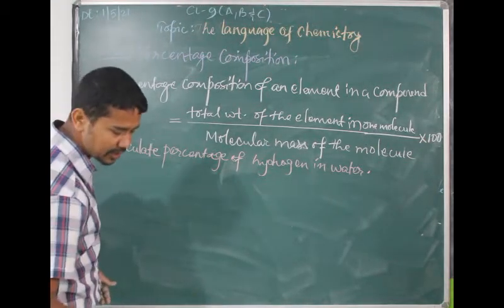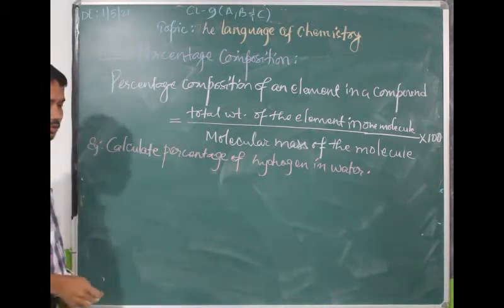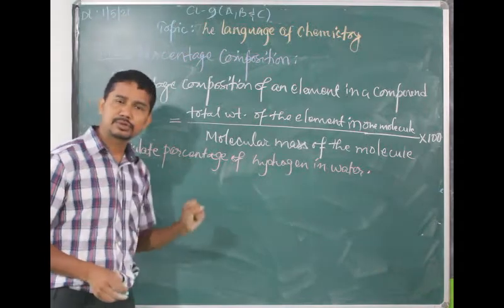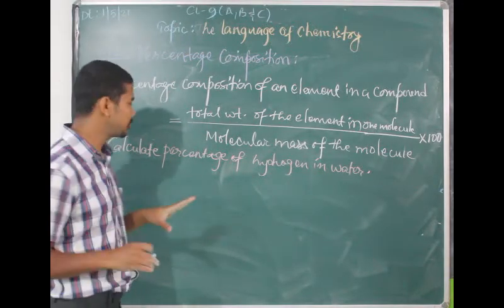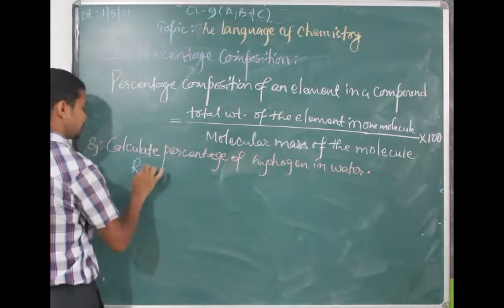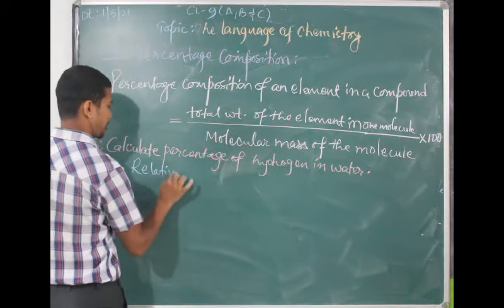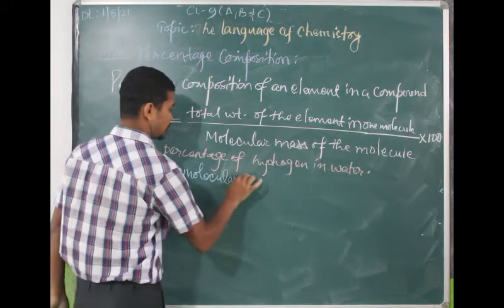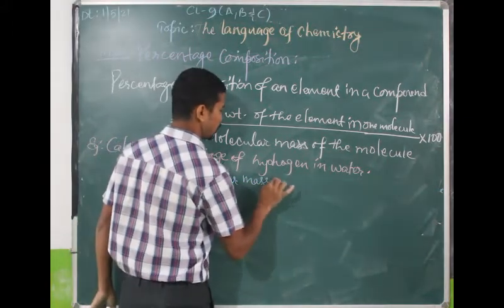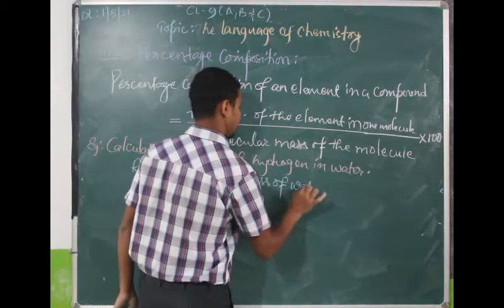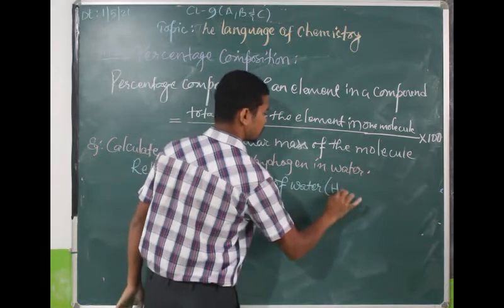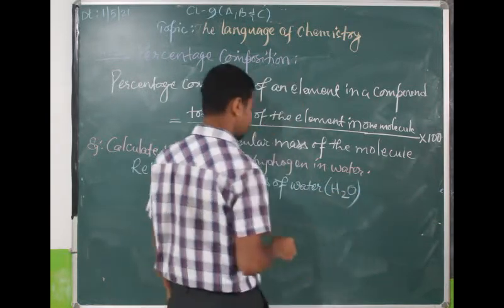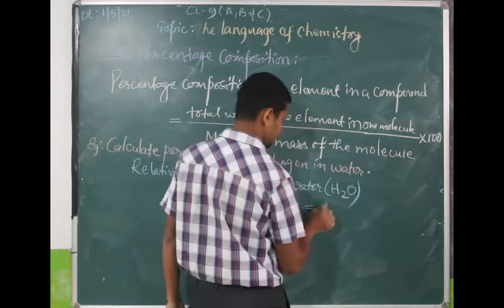How will you calculate the percentage of hydrogen in water? What is the formula? This. But first of all, you should know the molecular mass of water. So you will find the relative molecular mass of water. What is the formula for water? H2O.